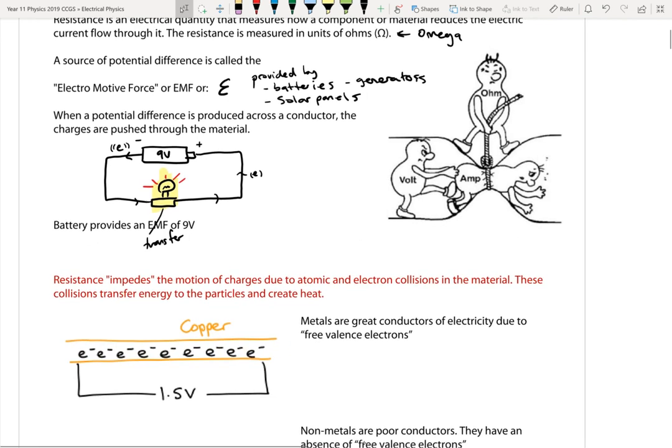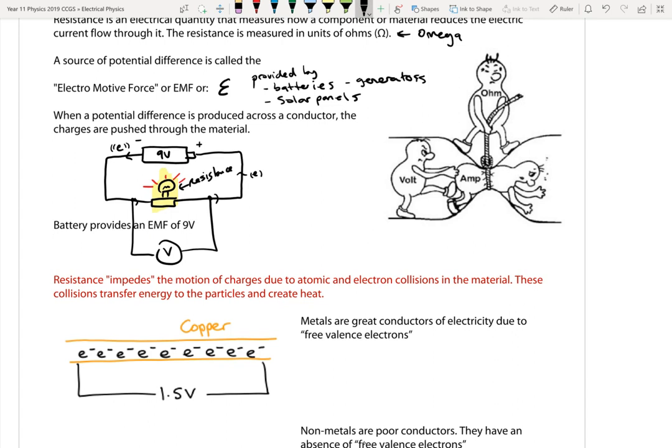So in this diagram, the globe is the resistance. That is the device that is impeding or stopping or reducing or resisting the flow of electrons. So that's our resistance. Now what we could do, we could get a special device called a voltmeter, and we could measure the voltage across the globe.